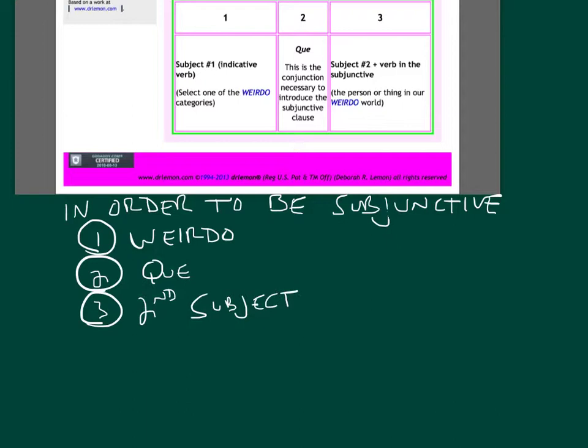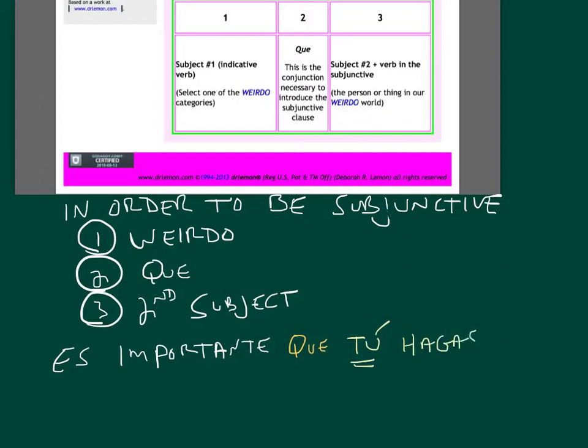So let's give you an example. Let's use a weirdo phrase, and let's say es importante. That's one of the impersonal ones. It's important that, there's our conjunction que. And now in the second part, we're going to say es importante que tú, different subject, hagas, I'm going to put this verb in the subjunctive, ejercicio. So it is important that you do exercise.